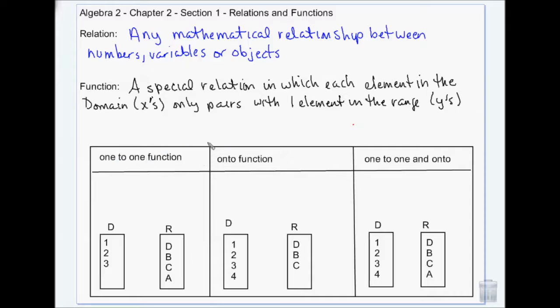Then we have descriptions for functions. There's a one-to-one function, an onto function, and then you have both.